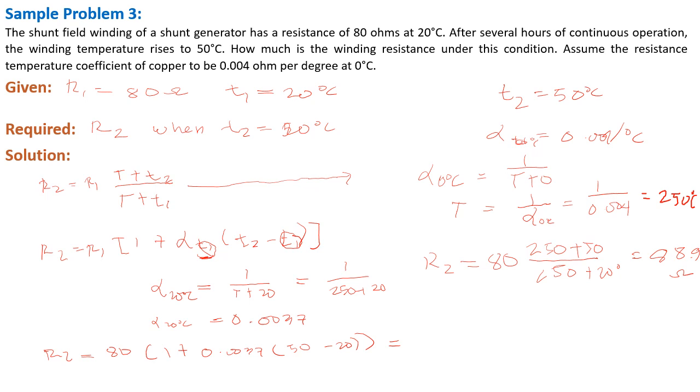That's 80 times the quantity 1 plus 0.0037 times 30, that's 50 minus 20. So you will get, of course, 88.9. Okay, you will get the same number, 88.9.